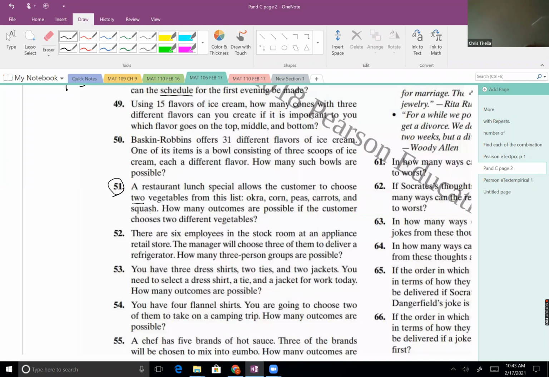Well, when you're making your choice, if you want okra and corn, is it any different than if you want corn and okra? No. Does order matter? No. So this is a combination, and there's 1, 2, 3, 4, 5 to pick from, and we want to pick 2.